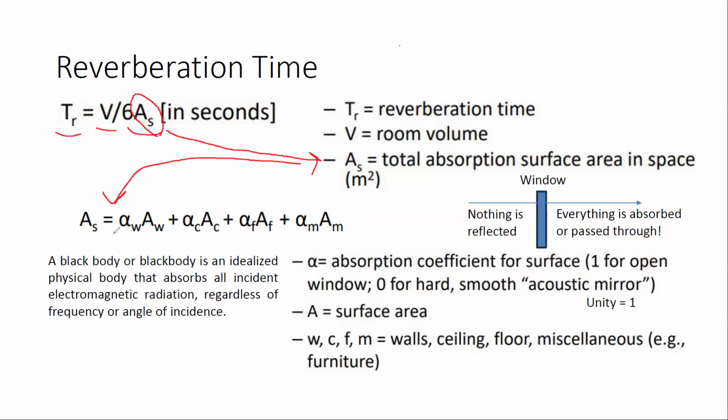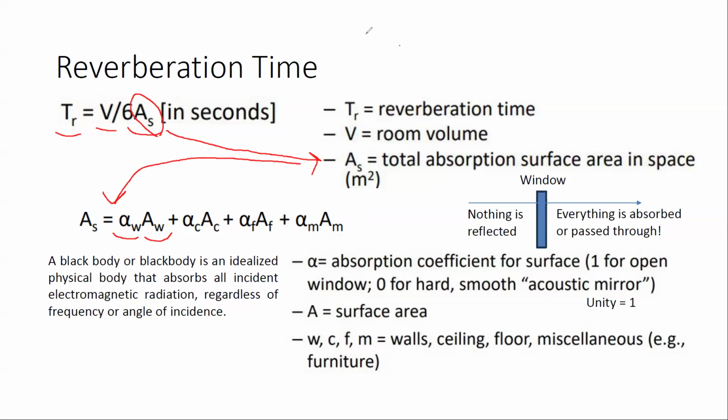What happens is you multiply the alpha of that surface by the surface area, right? And what does that mean? That means if you have a room like this, which mostly is white wall on one side, then you have the screen, then you have a poster, then you have windows, you need to calculate them individually for each one.